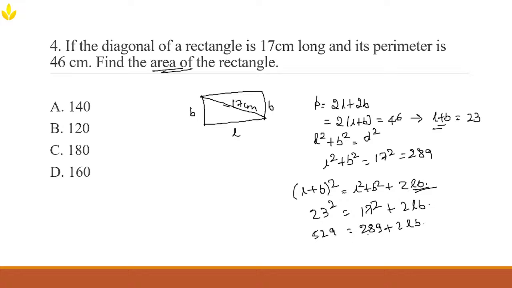Just taking the expression, 529 minus 289 becomes 240. That will be equal to 2 length into breadth. So length into breadth will be equal to 240 divided by 2. It is nothing but 120 centimeters square. So the required area of the rectangle is 120 centimeters square. And this is how we solve this question.